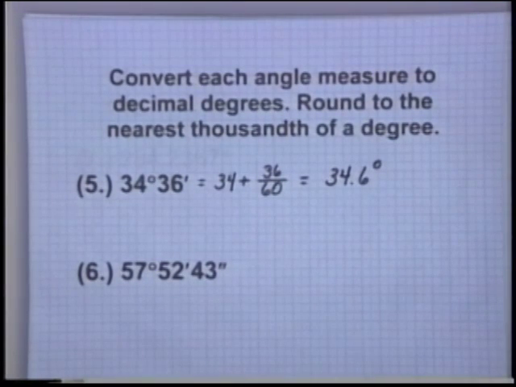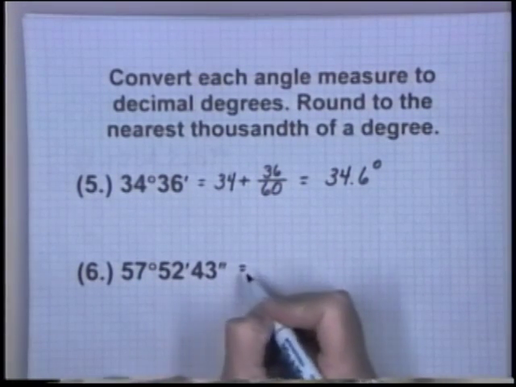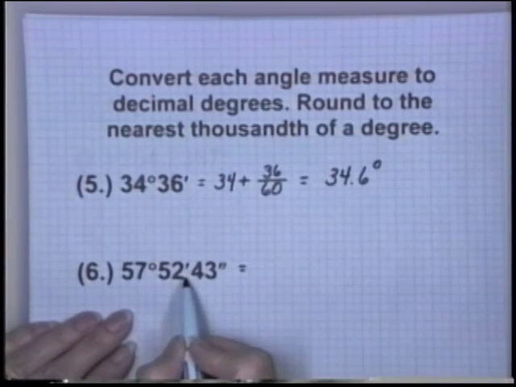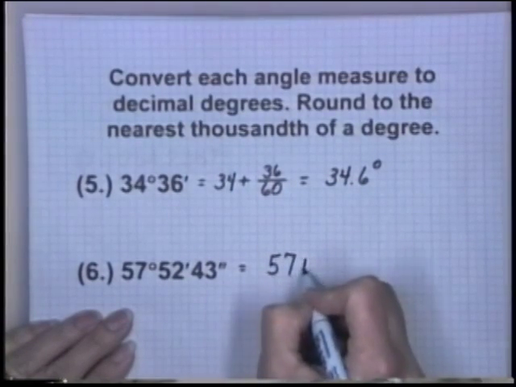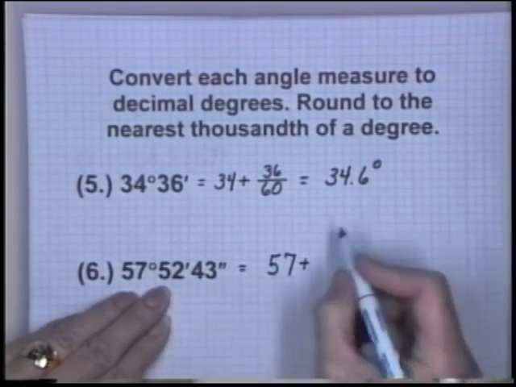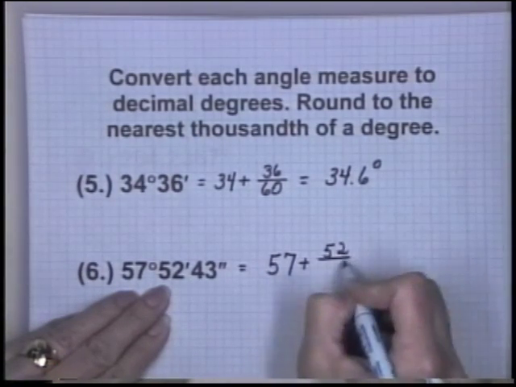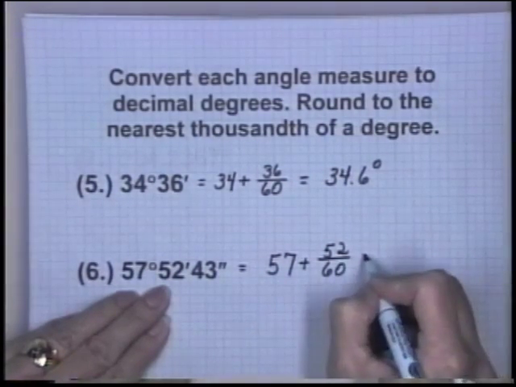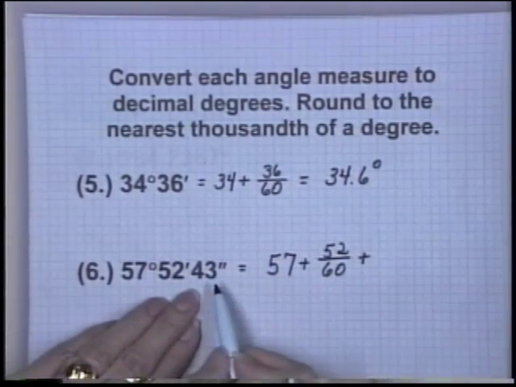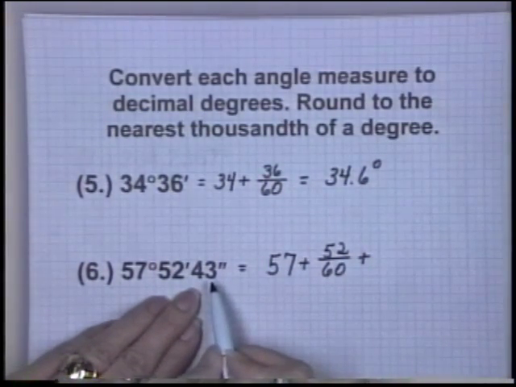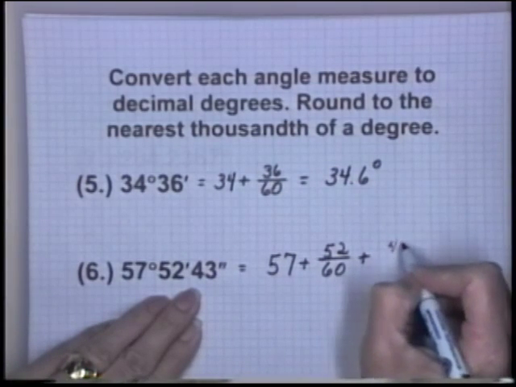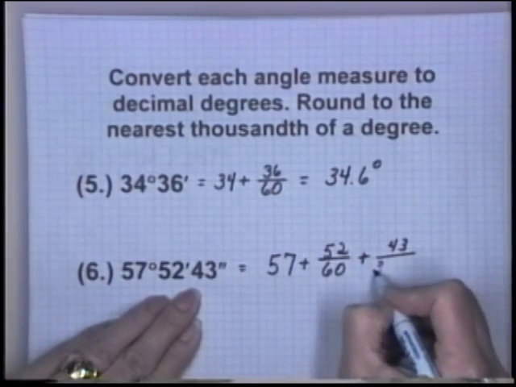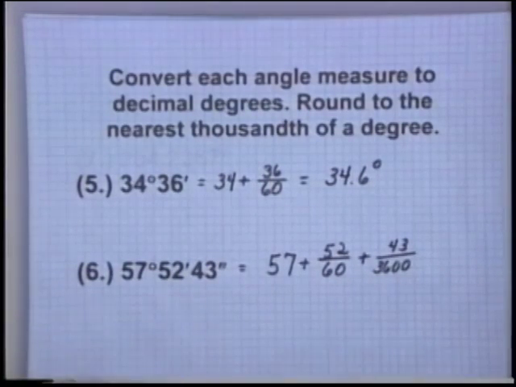On problem number 6, for our 57 degrees, 52 minutes, and 43 seconds, that will be 57 plus the 52 minutes is 52 sixtieths of a degree. And remember what the relationship was in seconds and degrees? There were 3,600 seconds in a degree. So 43 seconds would be 43 3,600ths of a degree.